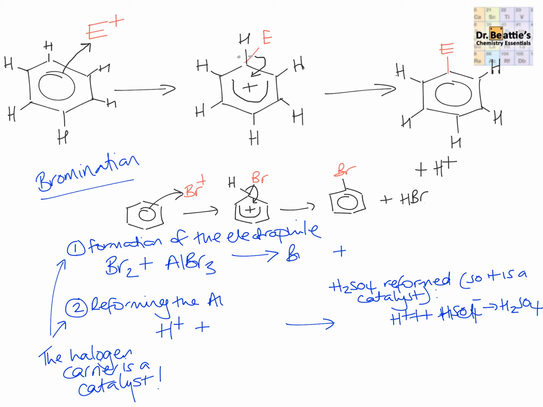Gives us Br plus and AlBr4-. This then reacts with the H plus and regenerates our AlBr3. So then again, we've got our catalyst. So it's important that you memorize these different forms of forming the electrophile, as well as this generic mechanism, and apply it just by substituting in the electrophile of choice.